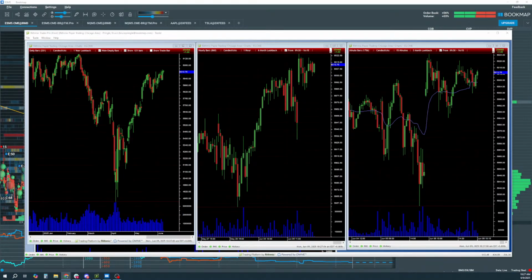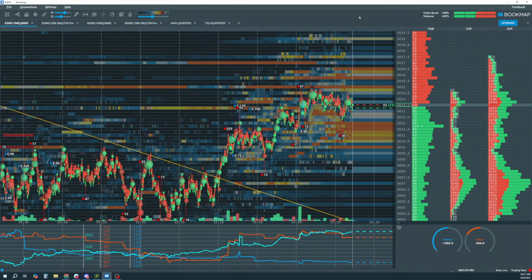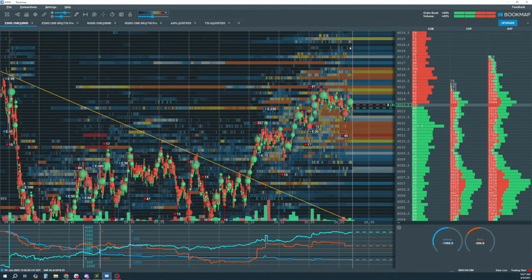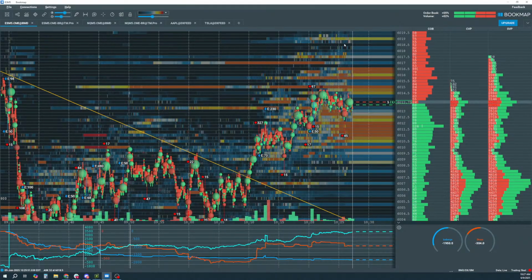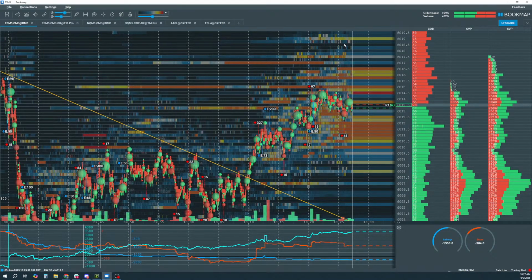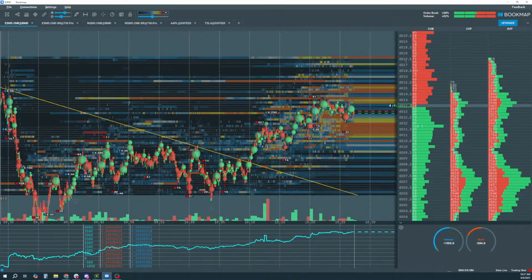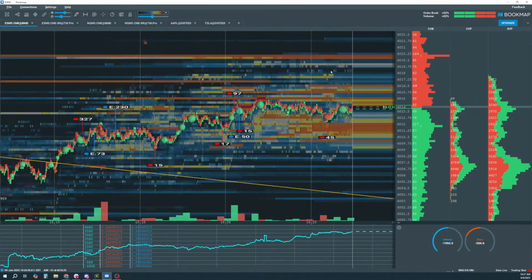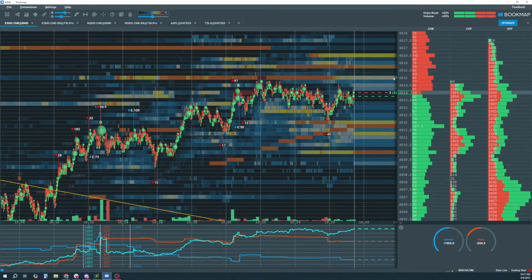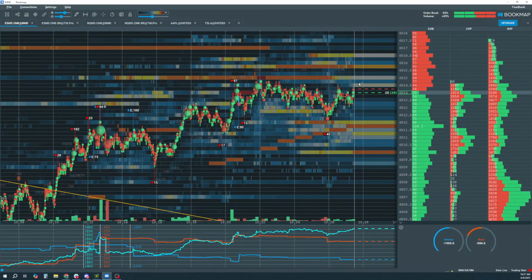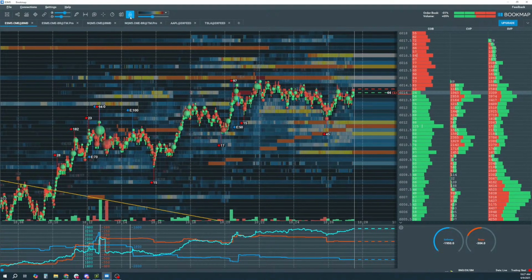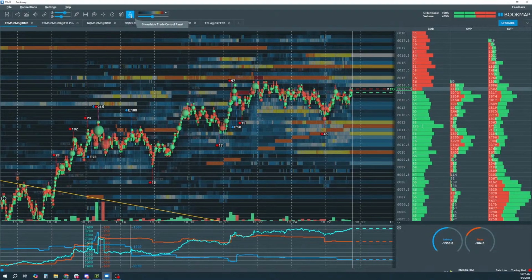Okay, all right, let's see if we get this continuation move here. Let's see if this was a low volume pullback in here.